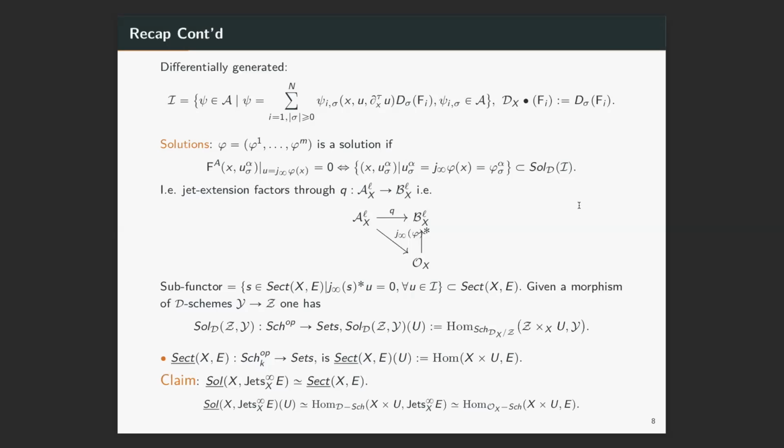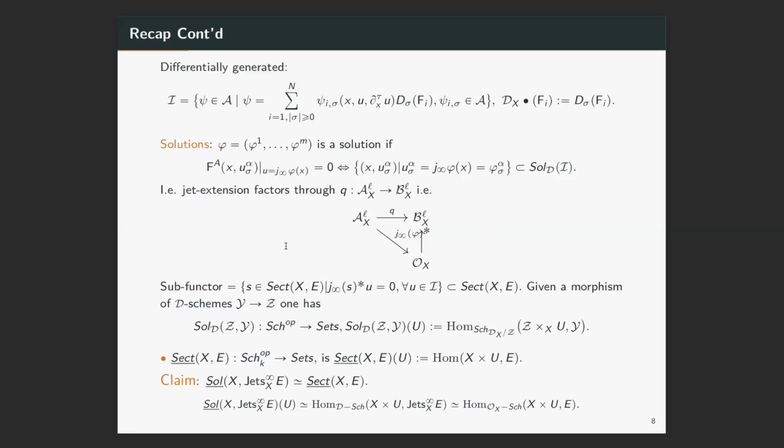Okay, and this is what we'll call the local solution space or D solution space because it's directly related to jets of functions. But there's also this non-local solution space, which is defined in terms of those sections of the original bundle, and you are declaring those to be solution sections if they have their jet annihilated by the ideal.